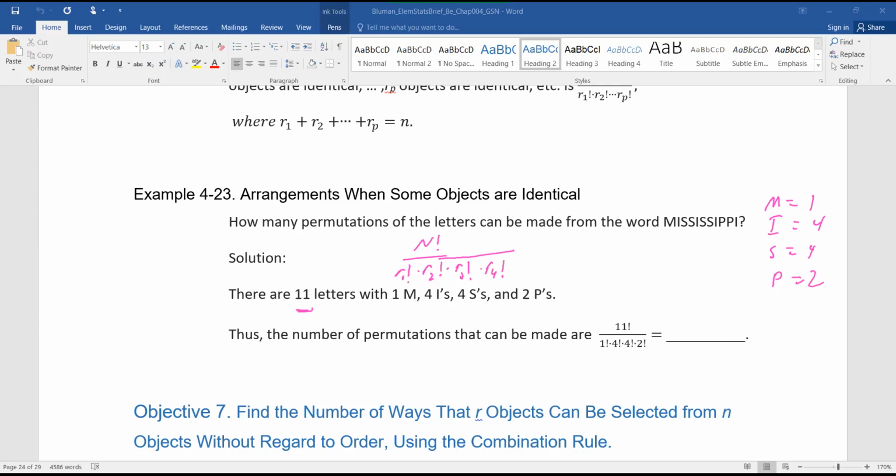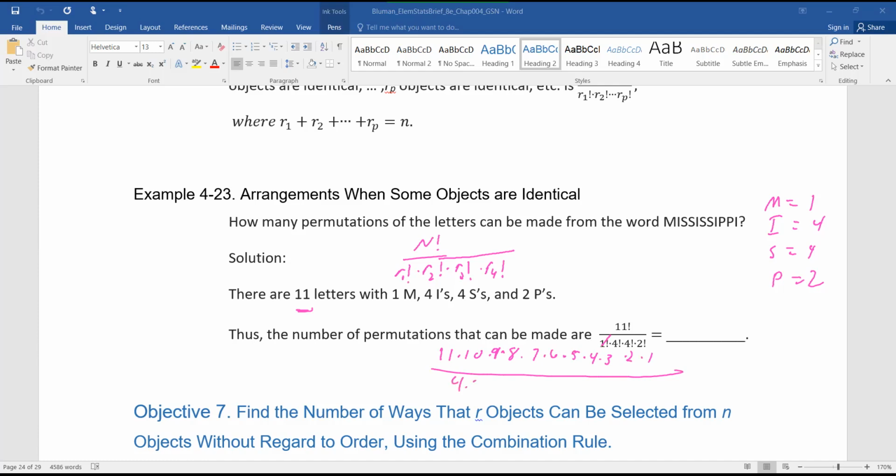All right, so now to show you the math here, this is going to be 11 times 10 times 9 times 8 times 7 times 6 times 5 times 4 times 3 times 2 times 1. On the bottom, I'm not even going to use that 1 factorial.